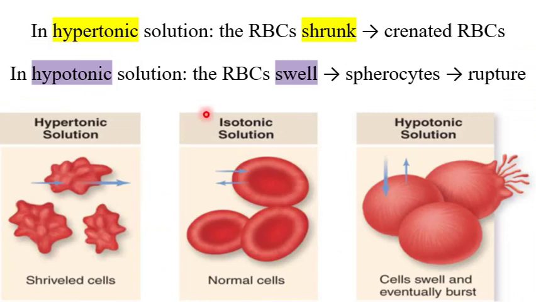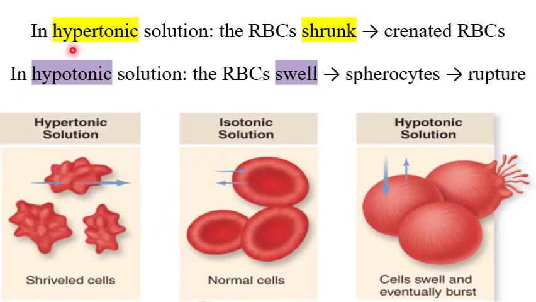Okay, the shape also may change according to the solution of the blood, whether it is hypertonic or hypotonic. Normally, blood in the body is an isotonic solution. When the RBC is in isotonic solution, it preserves its normal biconcave structure like that.